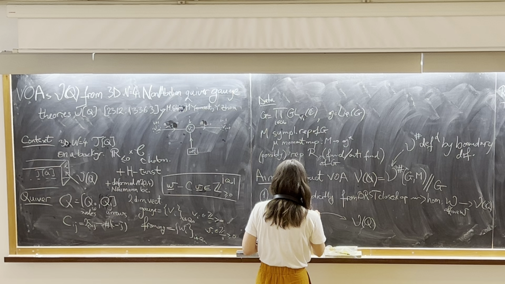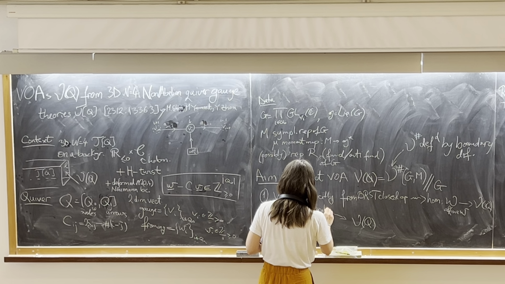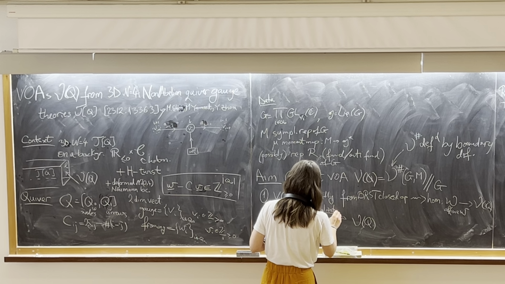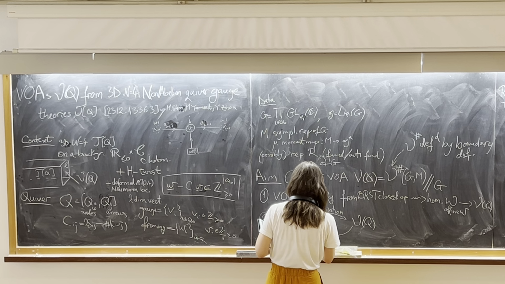And on the other side, there's the VOA. In one direction, the relation follows from chiralization. On the other direction, one takes the associated variety.